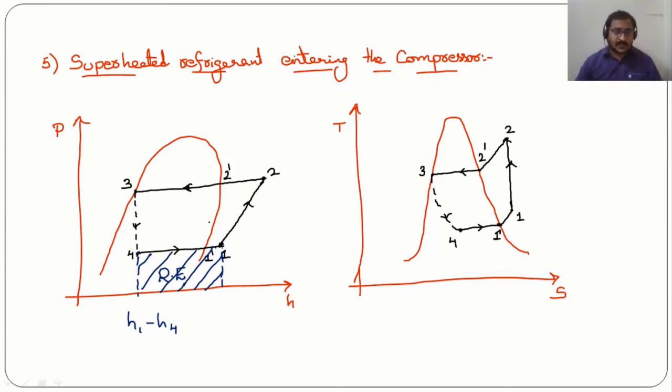Now see, without any variation in the compressor work input, we need to improve the COP of this vapor compression refrigeration system. Without any variation in the compressor work input means this 1 to 2 condition should remain the same, but we need to improve the COP.